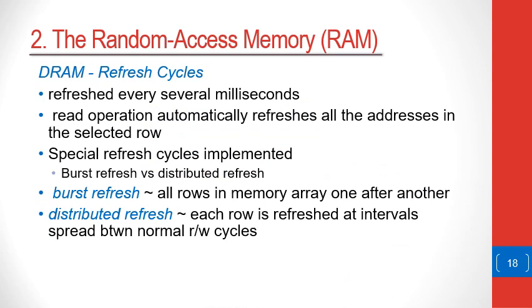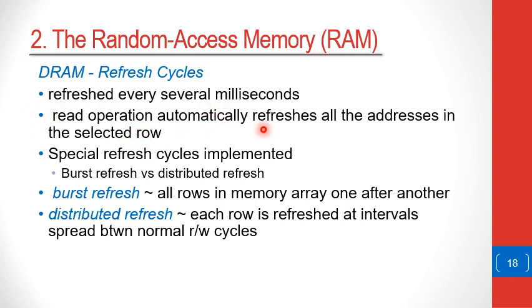Recall we have initially emphasized that a DRAM requires refreshing in order to maintain the data in storage, even though it's powered. So the refresh needs to happen every several milliseconds.